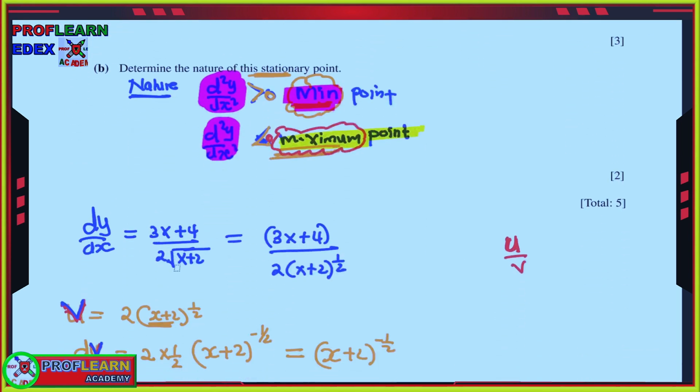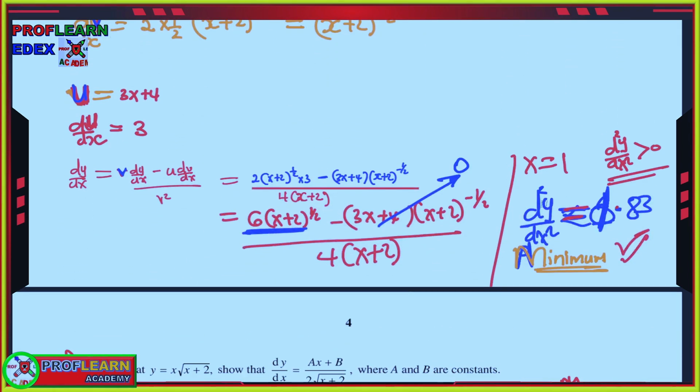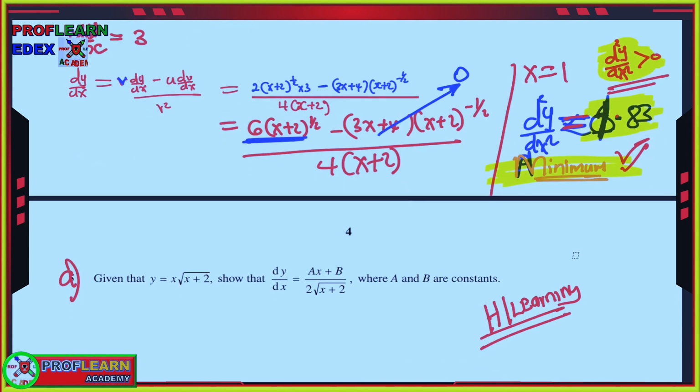So when I did that, I got d²y/dx² being 1.83. So this is a positive value. Since my answer is positive, it means d²y/dx² is greater than 0, and that confirmed to me that that is the minimum point.